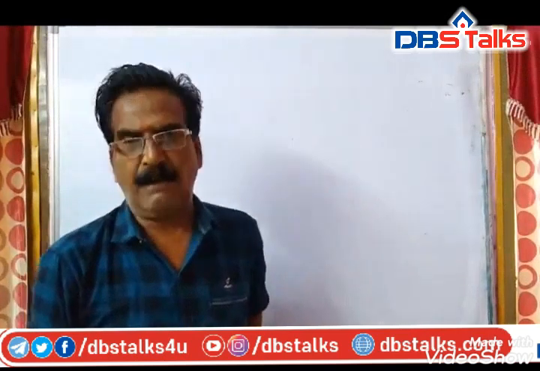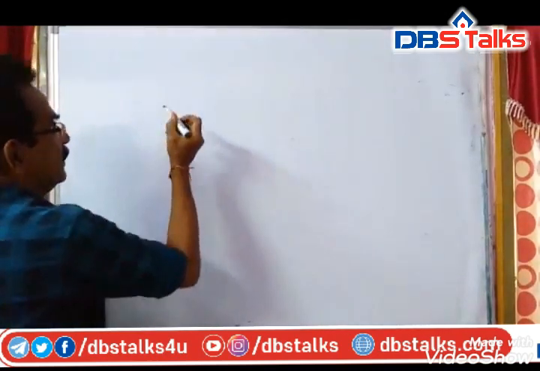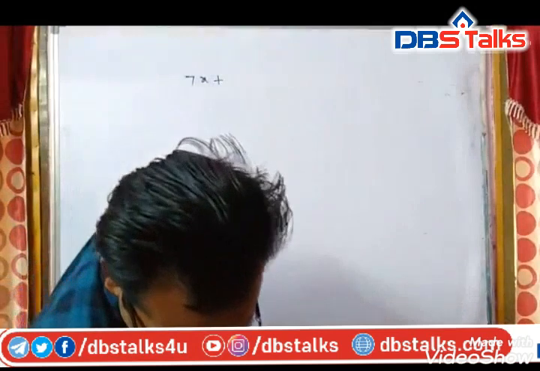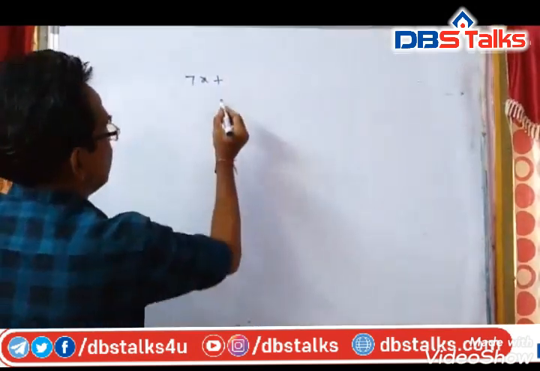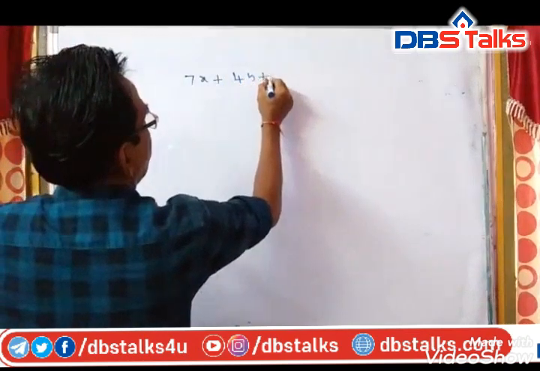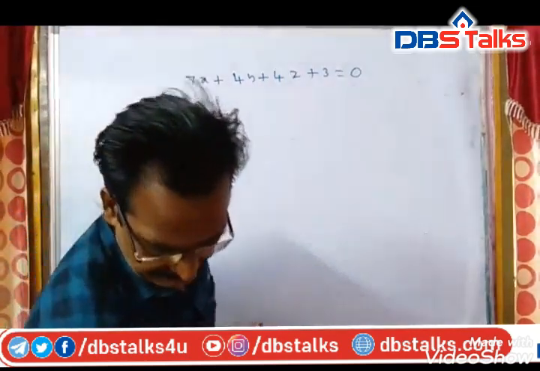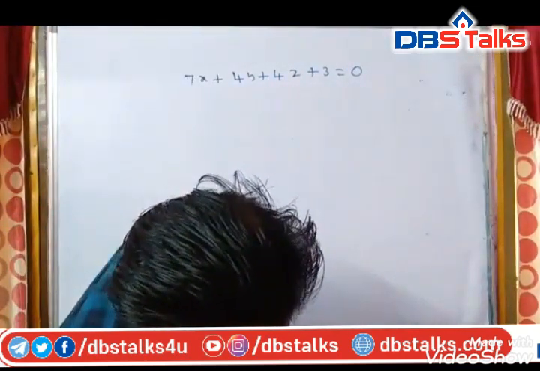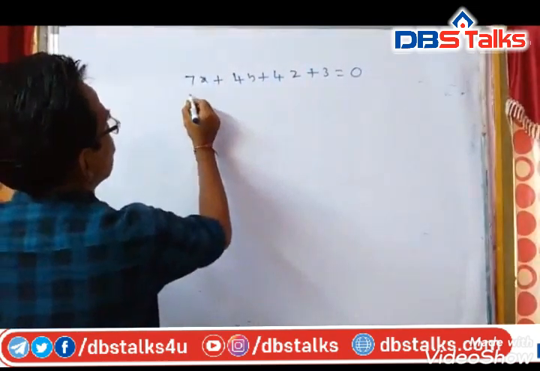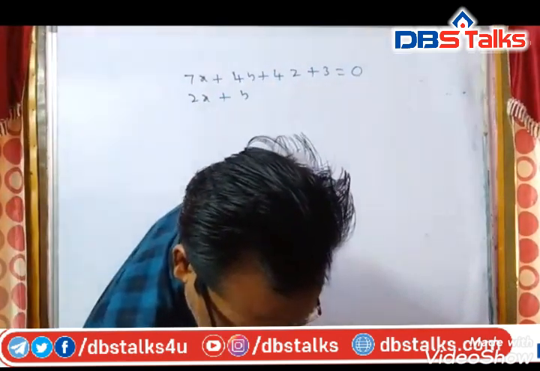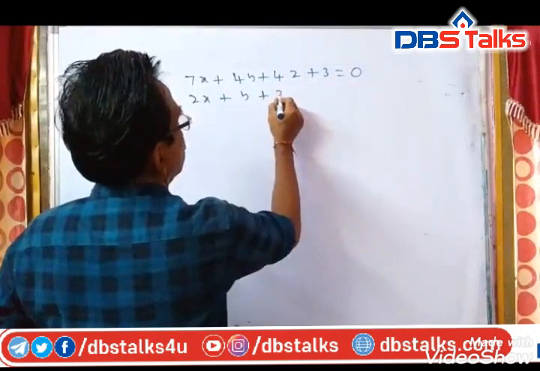Find the equation of the bisector of the acute angle between the planes 7x + 4y + 4z + 3 = 0 and 2x + y + 2z + 2 = 0.